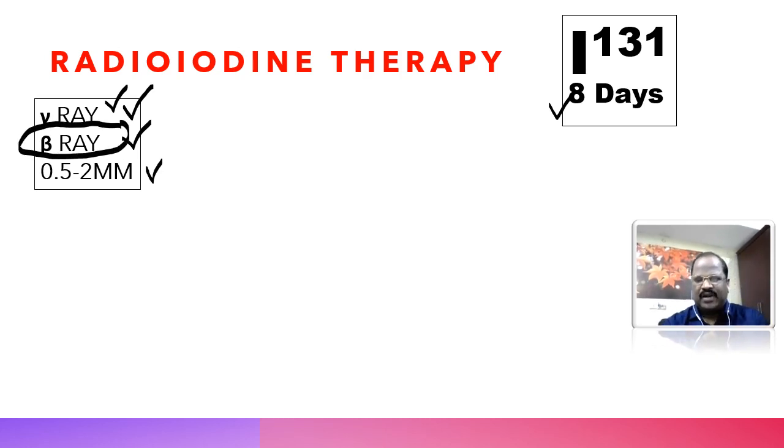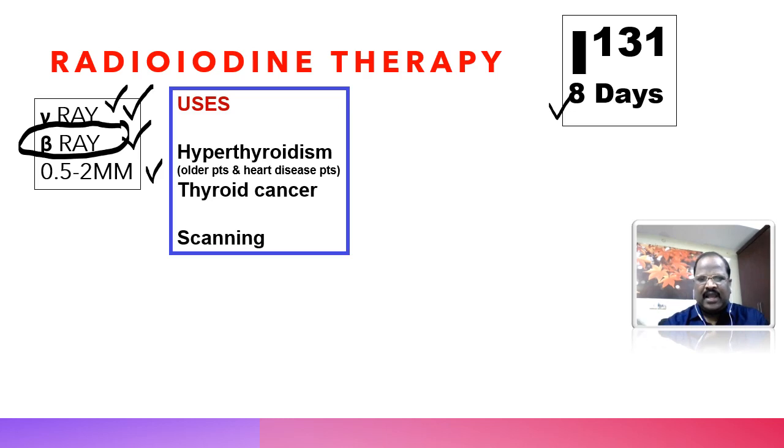Now, what are all the indications to start radioactive iodine 131? Point 1: iodine 131 is useful for treatment of hyperthyroidism, especially in older patients and in patients with heart disease. That means wherever other drugs cannot be used, in that case we can try the last option, iodine 131.